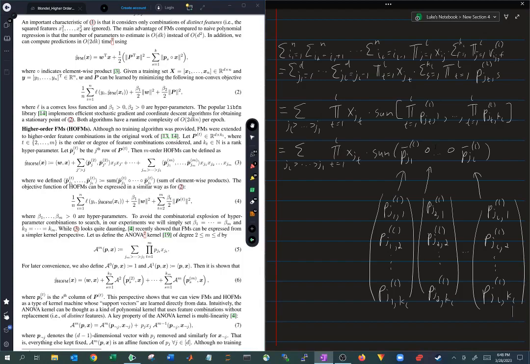So the first entry is going to be this times a bunch of other things times this. So it's going to be pj1 1l times pj2 1l all the way up to pjl 1l. But that's exactly this product here. And then similarly, pj1 2l times pj2 2l all the way up to pjl 2l is going to be the second entry here.